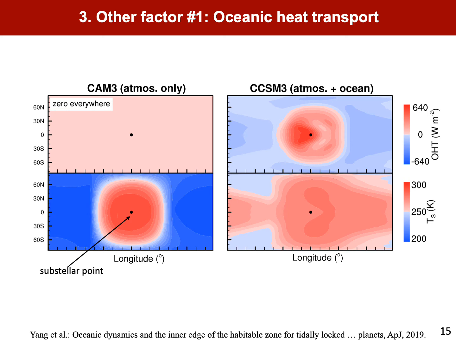These results show that ocean heat transport can strongly affect the climate on the night side. This is the simulation for planets in the median region of the habitable zone. For planets close to the inner edge of the habitable zone, the effect of ocean dynamics is much smaller. You can read the paper below.